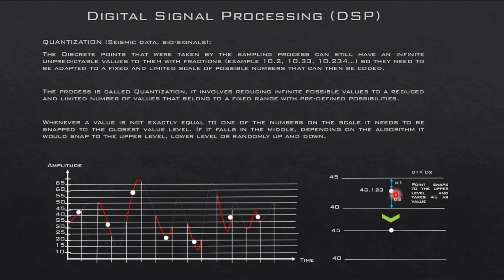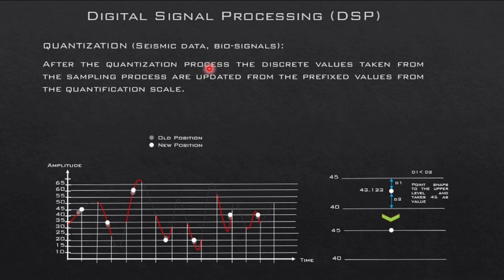So this point having the value 43.123 is closest to 45, the upper level, so it's updated to 45. After the quantization process, the discrete values taken from the sampling process are updated to the prefixed values from the quantization scale.